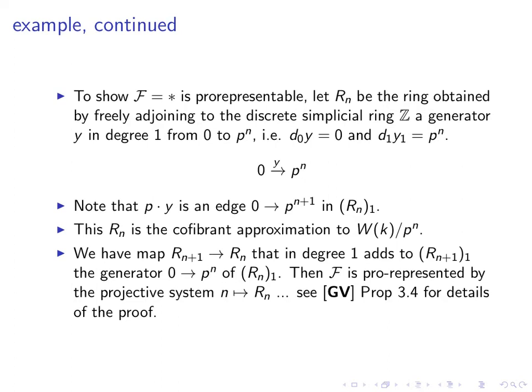Okay, to show that the singleton or terminal functor is pro-representable, let Rn be the ring obtained by freely adjoining to the discrete simplicial ring Z a generator Y in degree 1 from 0 to P to the n. Note that P times Y is the edge or one simplex from 0 to P to the n plus 1.